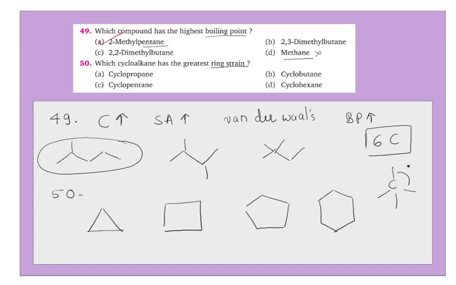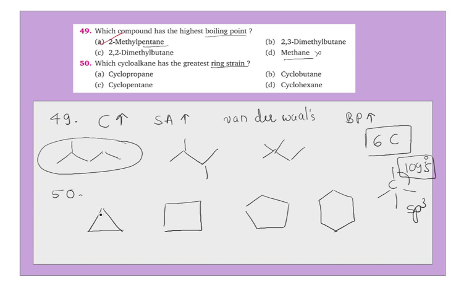In an alkane, the bond angle is 109.5 degrees. That is for sp3 hybridized carbon. If there is an increase or decrease from this bond angle, then we call it angle strain, distortion in the angle.